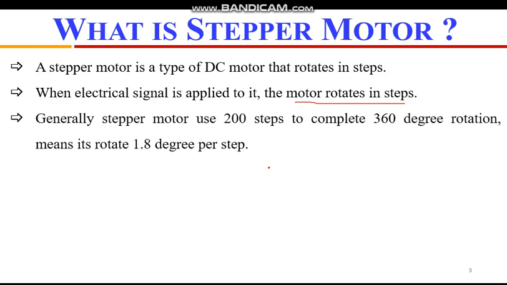Generally, when we give a single pulse, it will rotate with angle 1.8 degree. So it will rotate per step 1.8 degree. So when we are giving total 200 steps, then this motor will complete one rotation with 360 degree.